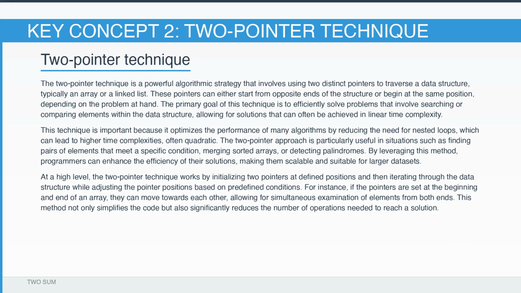The main idea is to efficiently search or compare elements, often achieving solutions in linear time, which is much faster than using nested loops that can lead to quadratic time complexity.